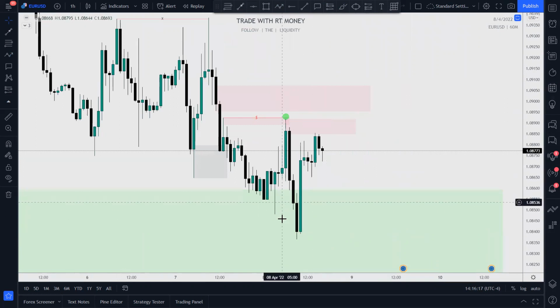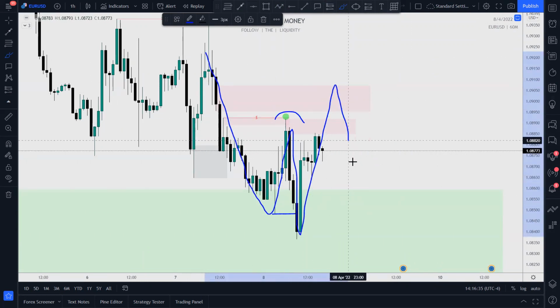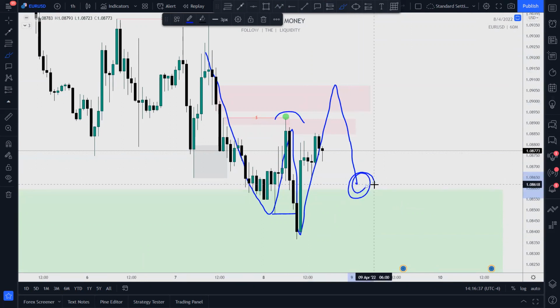In order for this to be a valid zone of demand to trade from, I need to see this high being broken, that swing high, because we've made a new low. If it breaks that high, this would represent a change of character, indicating that price may want to change direction here and continue higher.